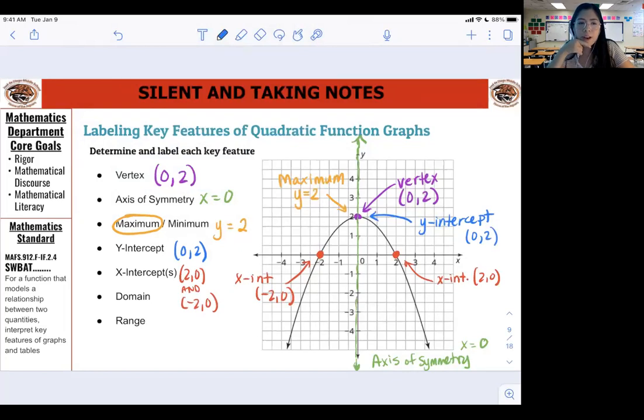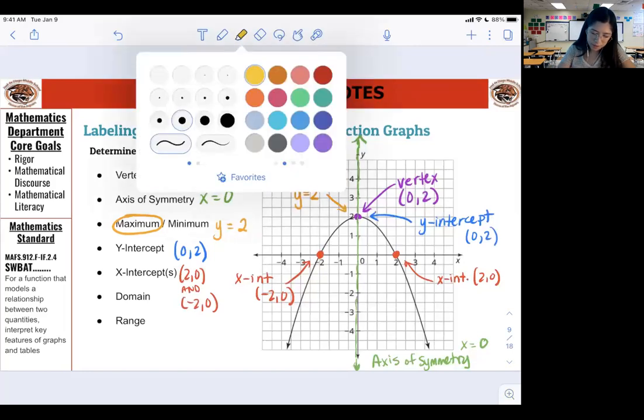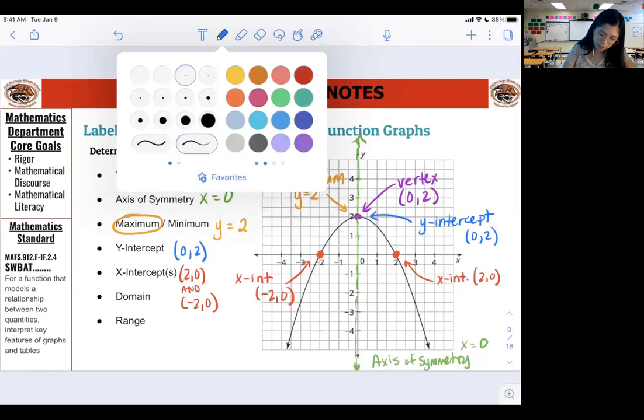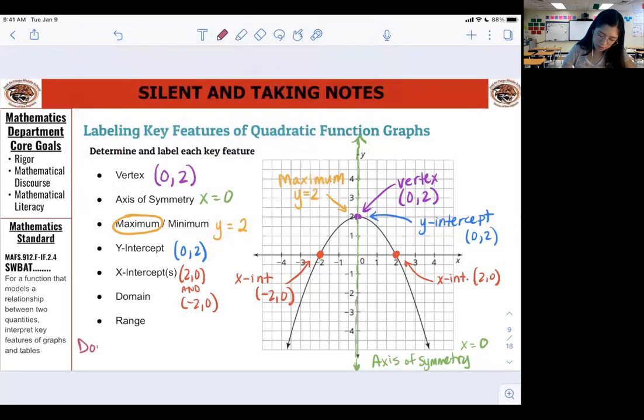Okay. So now domain and range. Kind of running out of room, but I'll do it down at the bottom. I'll do domain in red. The domain of this graph. So think about it.